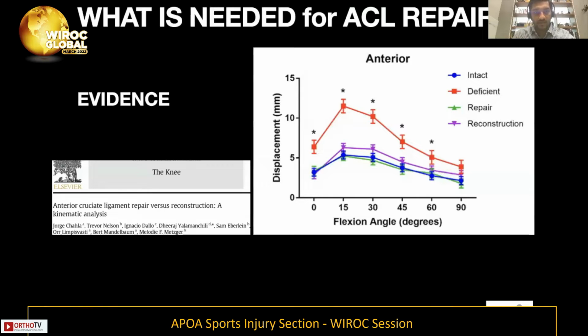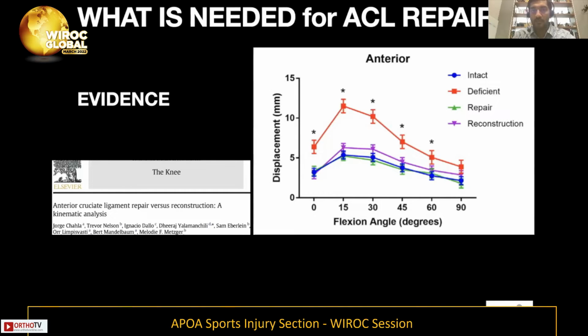So recently, there's a cadaveric study published by Jorge Chala and his group that talks about a kinematic analysis of anterior cruciate ligament repair versus a reconstruction. And the graph is pretty much self-explanatory, that if you see between 15 and 30 degrees, there is an anteroposterior displacement of around 10 mm, or just about more than 10 mm.